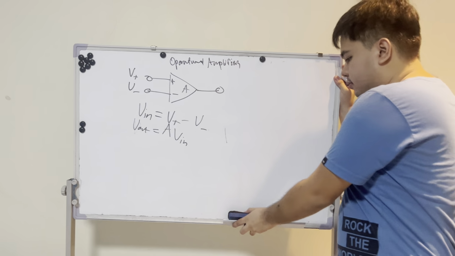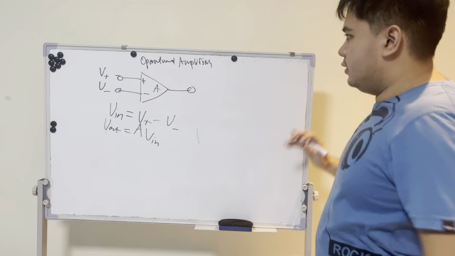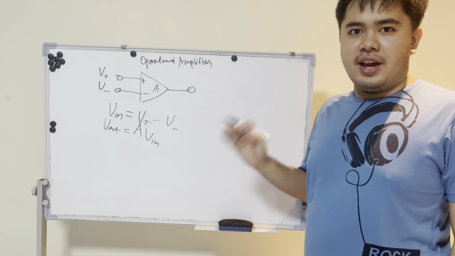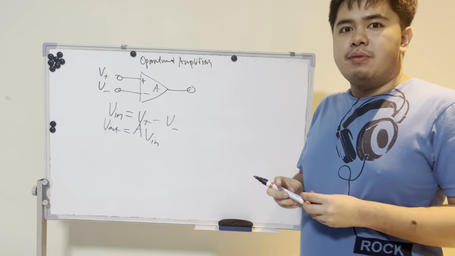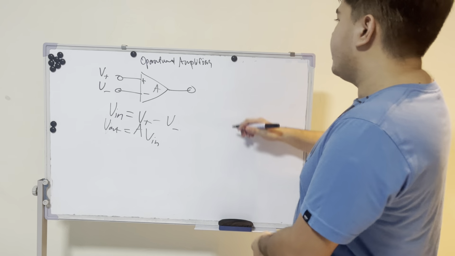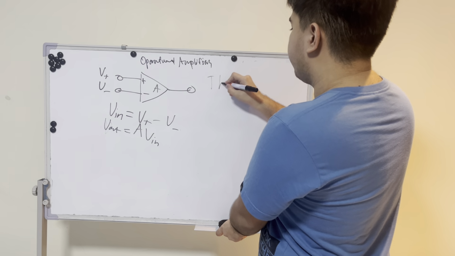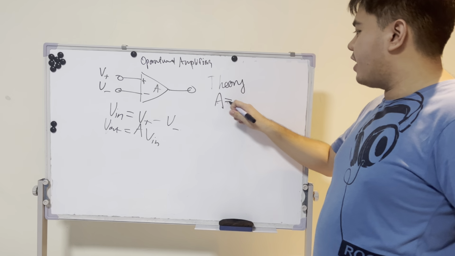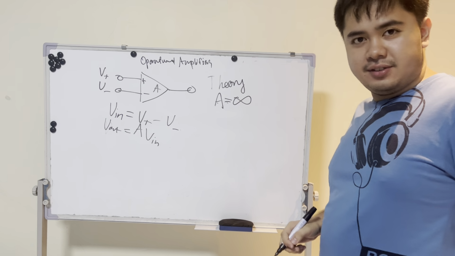So, the unique thing about an operational amplifier is its gain. What is its gain? Maybe it's 1, maybe it's very high. It is indeed very high, in the fact that in theory, the gain of an operational amplifier is infinite.